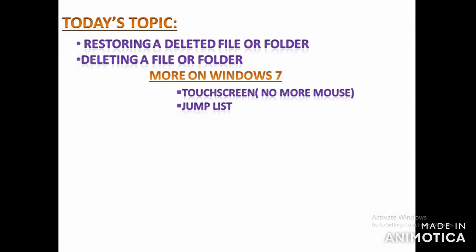Then we'll learn about jump list, that is how we can create a shortcut of the software. Then we'll learn about sneak. Sneak means to view the recently opened documents on the taskbar. So let us start today's topic from touch screen.